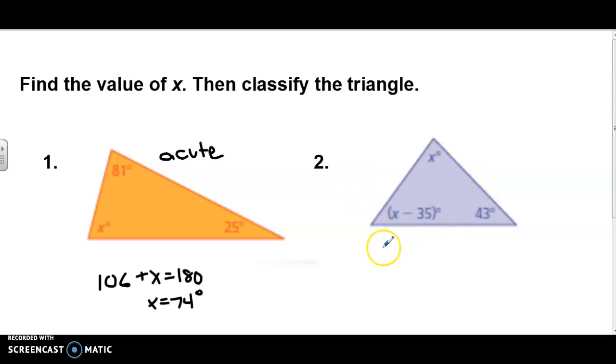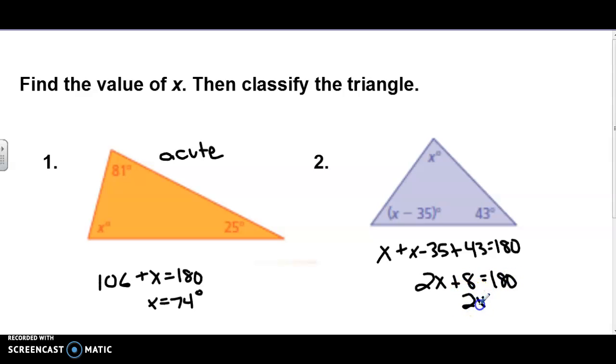Here, we're going to add up all three sides. I'm sorry, not sides, angles. x plus x minus 35 plus 43 equals 180. And then we have 2x plus 8 equals 180.